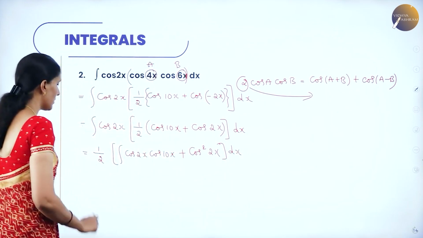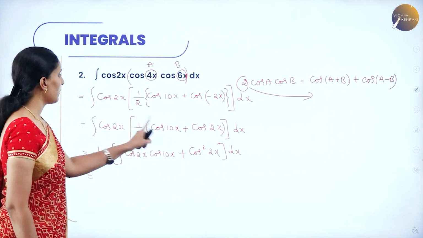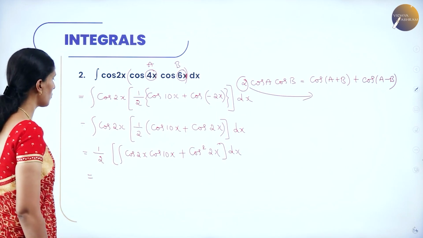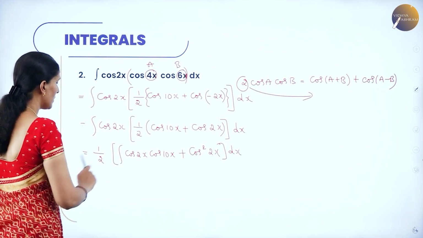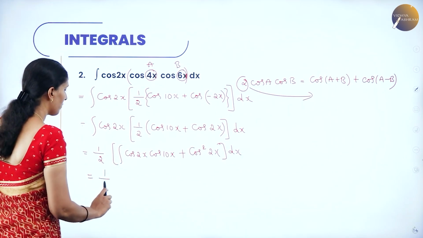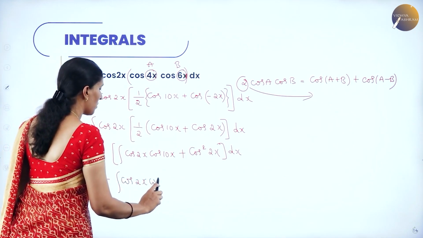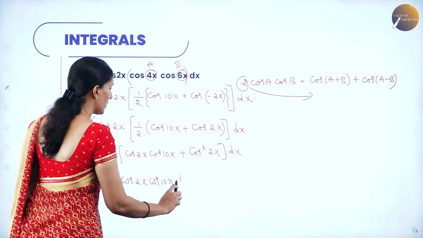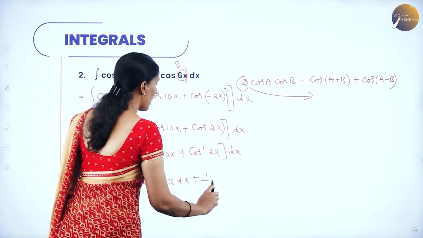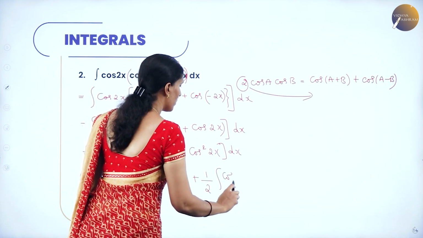Next we can multiply half to both functions, so I have taken it outside. So I can take it as half integral of cos 2x cos 10x into dx plus half integral of cos square 2x into dx.